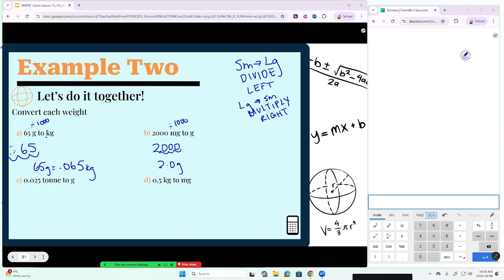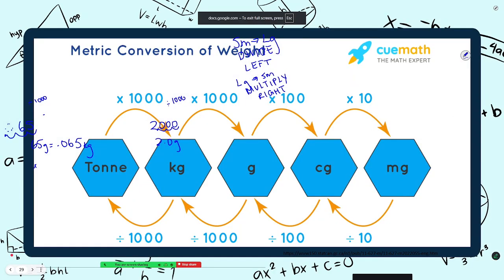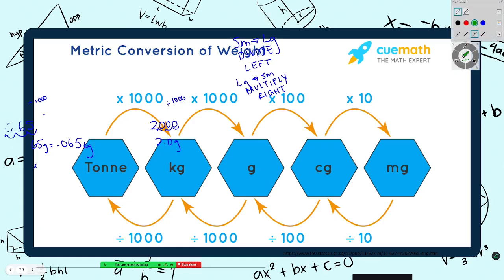Ton to gram, we're going from large to small. So this one we're going to multiply. If you look at our visual, you can see milligram is down here and gram is here.